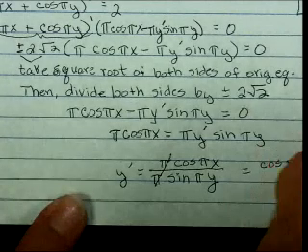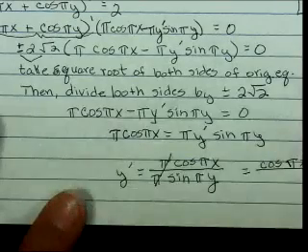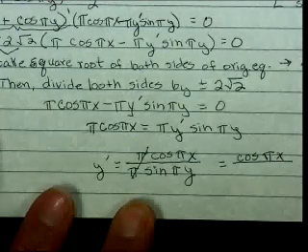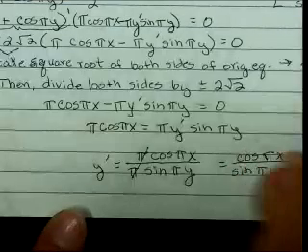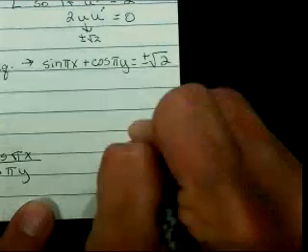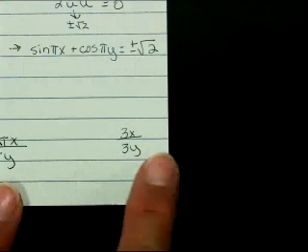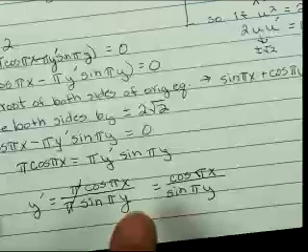Is it okay to cancel the pies? Would it be okay to cancel 3s if you had 3 times x over 3 times y? Exactly, you don't have to factor it out because the 3s would already be factors. If that was 3 plus x and 3 plus y, you couldn't touch it. But if it's 3 times x and 3 times y, you can cancel the 3s, and for the same reason, you can cancel the pi's there.